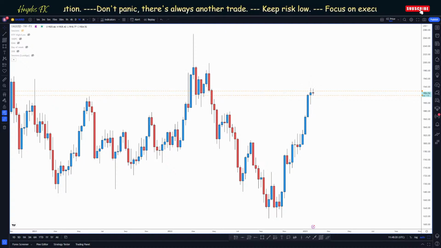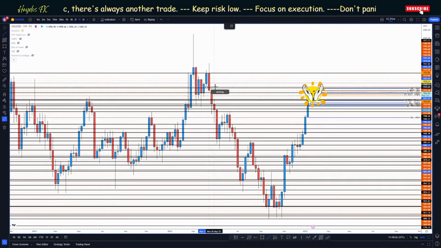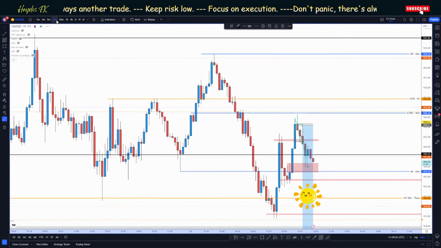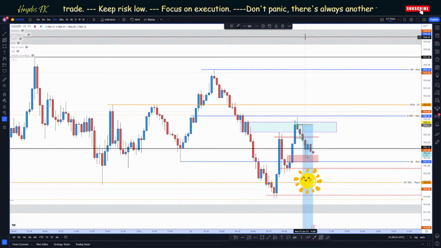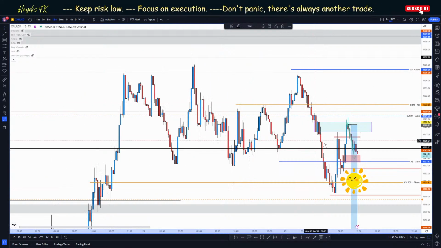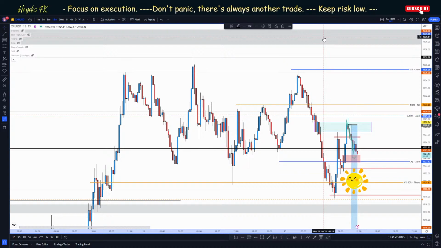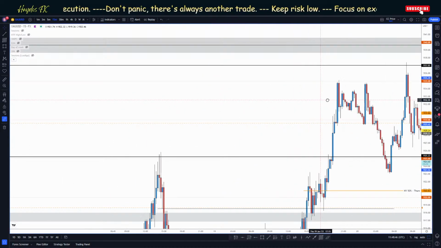Adam, can you mark this area, this imbalance, and move all the way to this area? Yeah, that was 1940. That was this line, this thin line. So we still haven't tapped that area yet. I was licking my lips ready for, was it Friday or the day before?